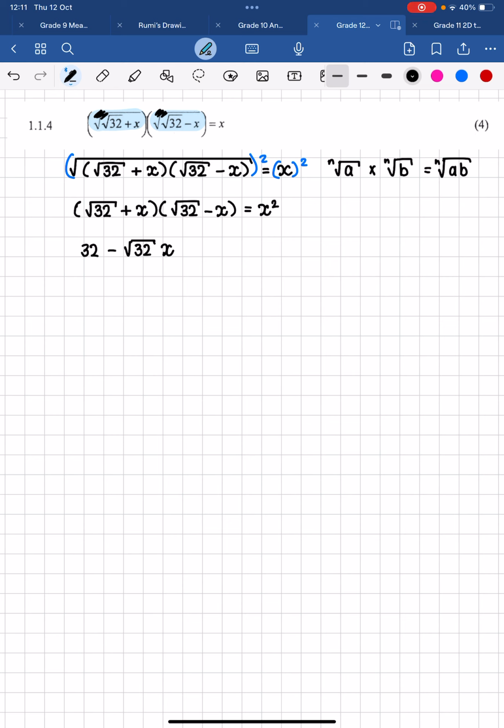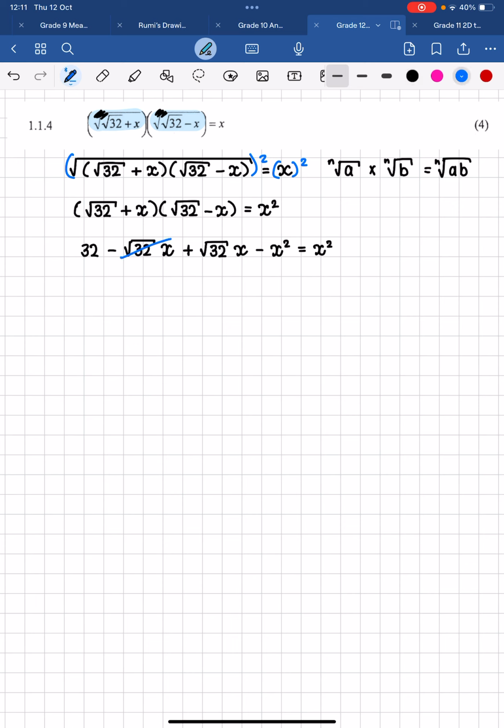Now we're going to multiply the inners. So we're going to say plus root 32 x. And what's nice about that is because one is negative, the other one is positive, they're going to cancel out. And then our last, what is x times negative x? Negative x squared. Okay, and that is equal to x squared.